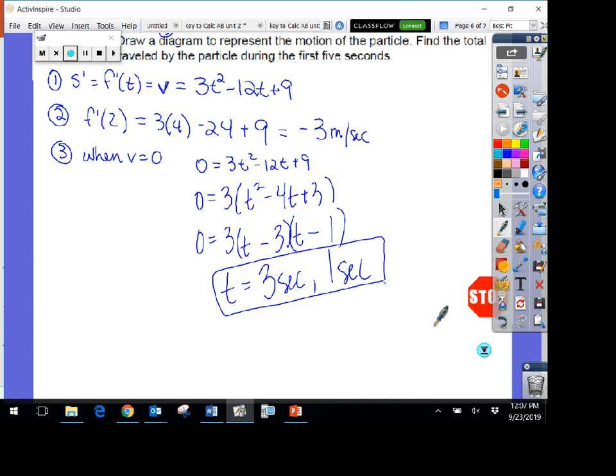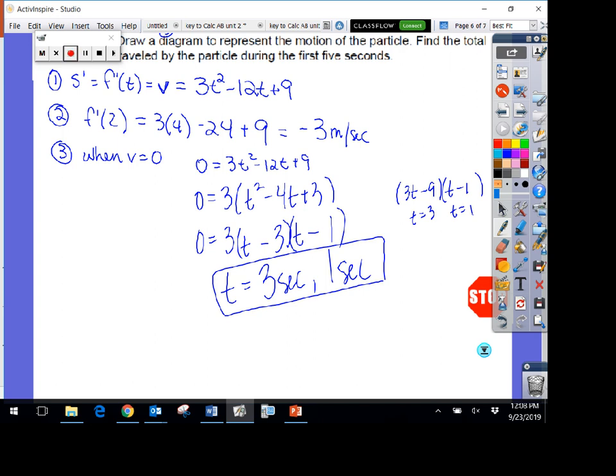If I didn't pull it out, I would have gotten 3t minus 9, t minus 1, and this would have still been t equals 3 and t equals 1, okay? And again, because it was just a number and it was an equation, I could have divided by 3 on both sides. As an expression, I can't do that, but in an equation, I can.